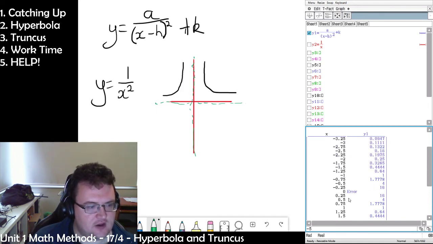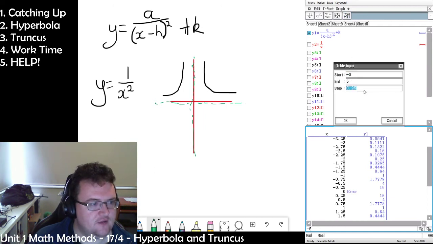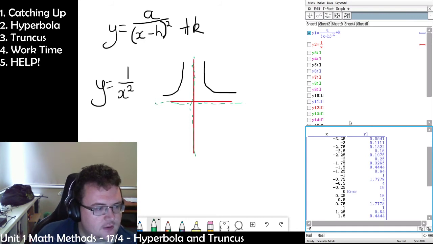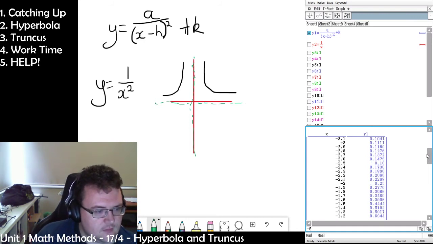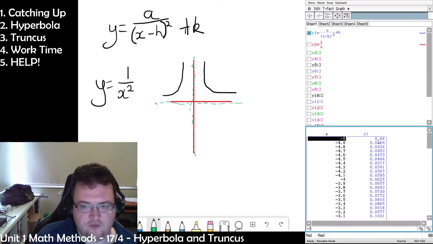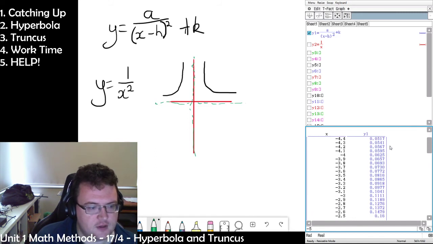As you can see, the numbers get really big there, with 16, for example. If I want to make that table even more granular, we'll do 0.1 steps. It starts off really small, because at -5, that's 1 over -5 squared, minus 5 squared is 25, so it's 1 over 25, which happens to be 0.04.